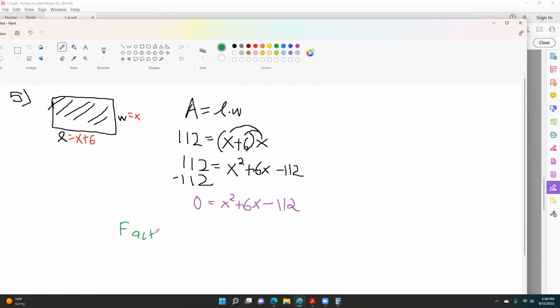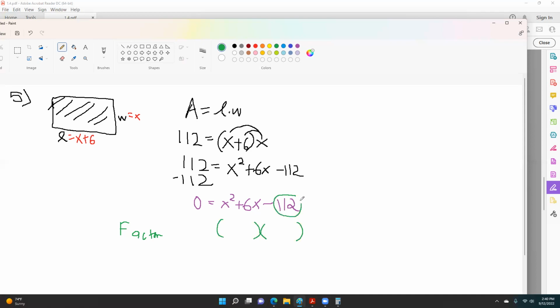Again, if you do not like factoring, then I strongly suggest you use the quadratic formula. When you do factoring, check for a GCF, but there's no GCF here. It's 3 terms with a leading coefficient of 1, so this is actually a very fast factoring, which means you do not need the AC method.